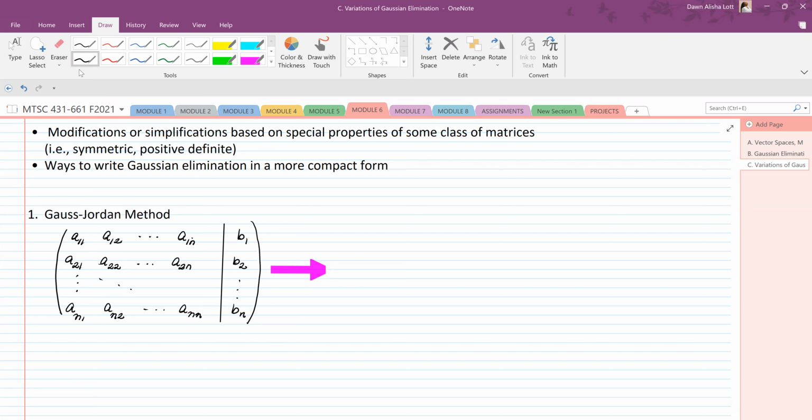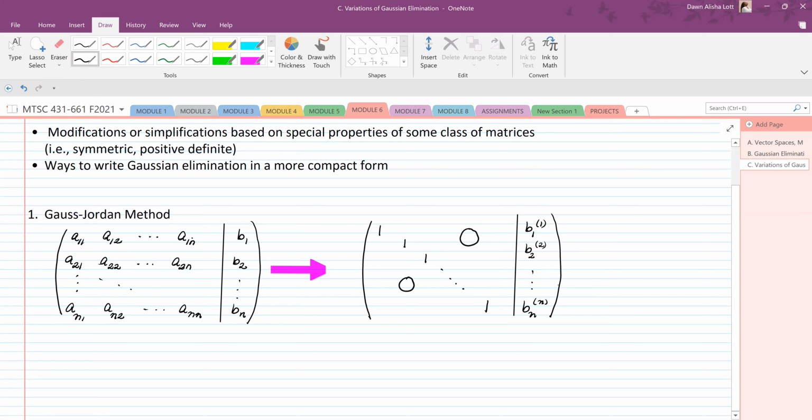So we want to take that and make it look like 1, 1, 1, 1, all zeros here, all zeros here, with B1, B2, Bn on the right.